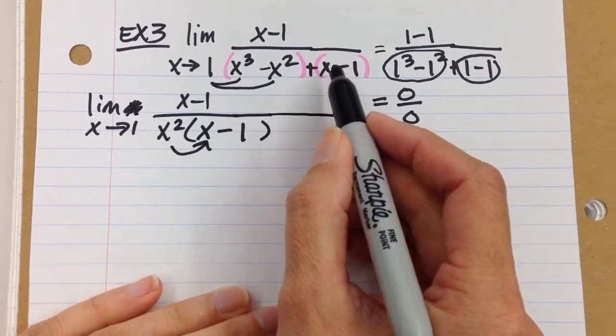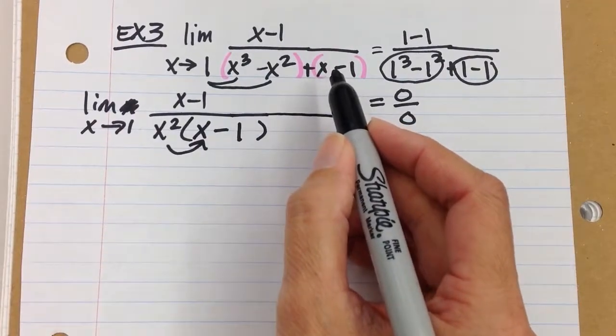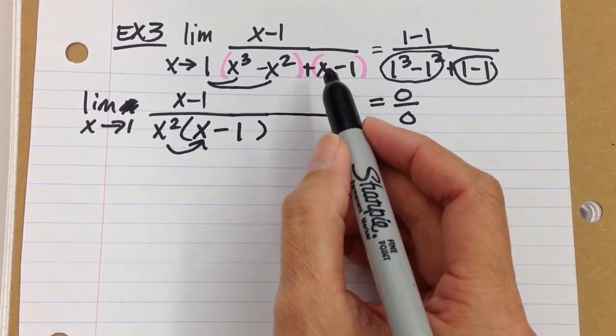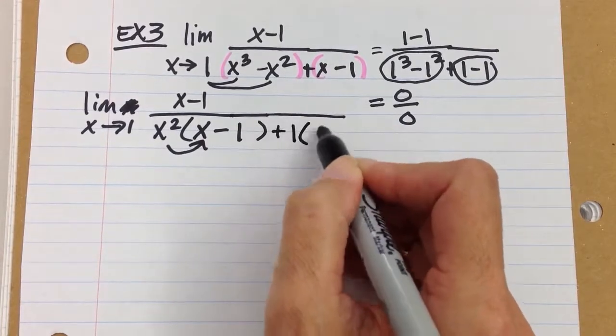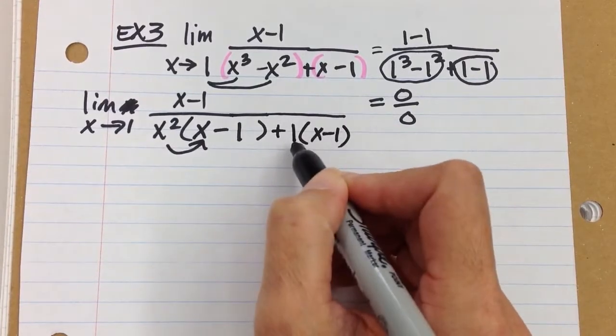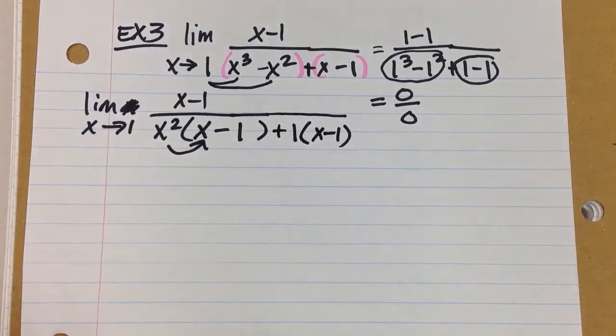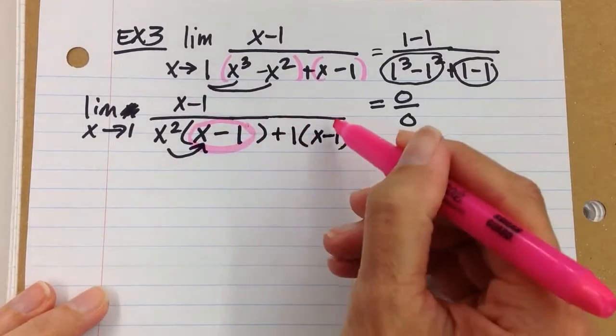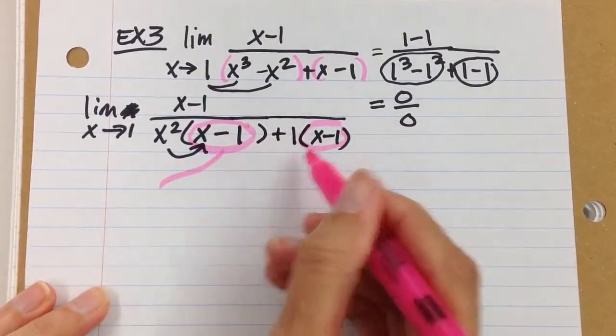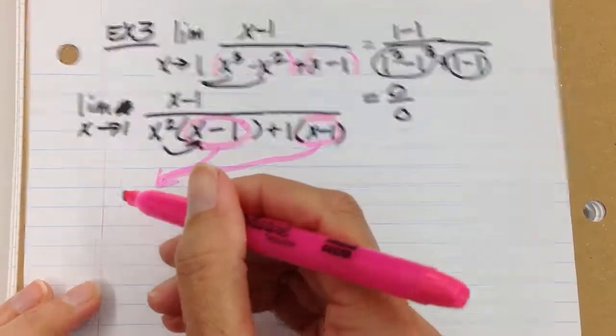This guy has nothing to factor out. Well, so if you have nothing to factor out, what's a factor of everything? 1. So let's put plus 1 times x minus 1. That 1 is important. Now, since when you do factoring by grouping, you're always going to get these two being the same, we're going to pull that out as a factor.